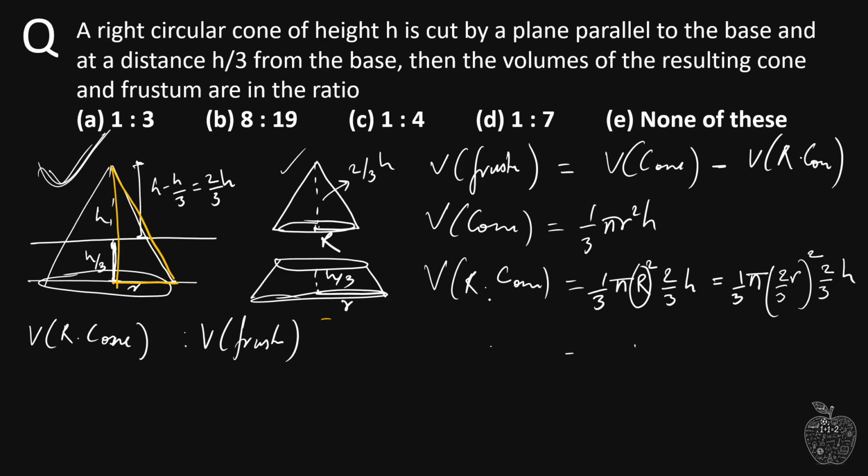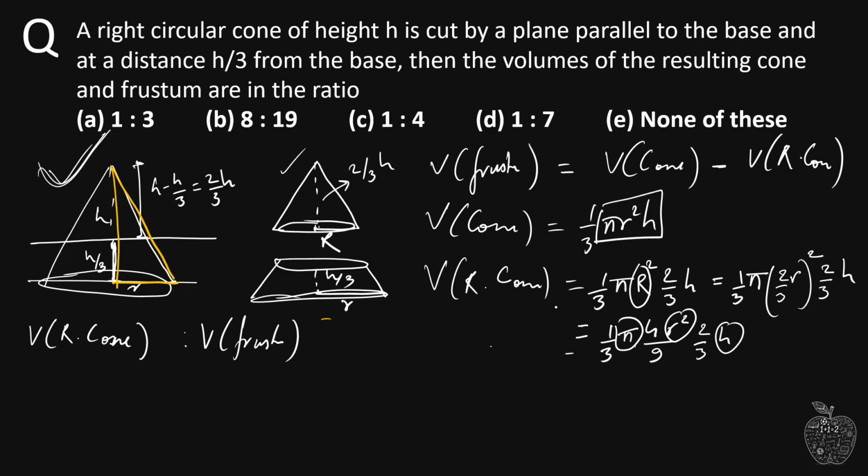Now we have the volume of the resulting cone as 1 by 3 pi, and we'll open this up: 2 square is 4, r square upon 3 square is 9, into 2 by 3 h. We know the volume of the cone is pi r square h, and here again we have pi r square h.